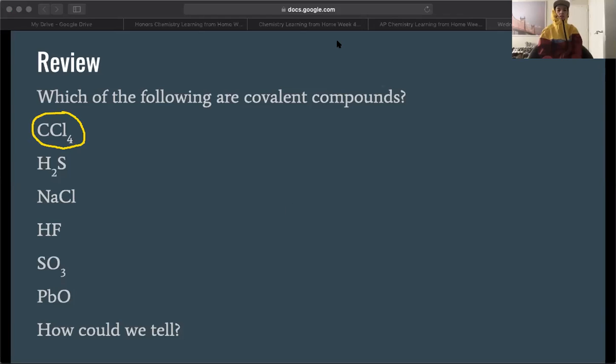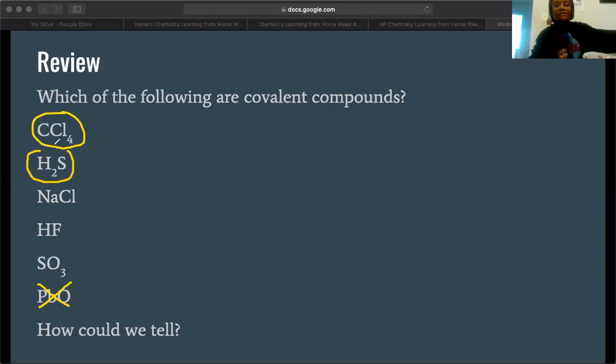Isn't PbO a covalent compound? No. Wait, Miss Baskin, I can say the name. The second one is. I'll let you admit it, Noel. What else is covalent?